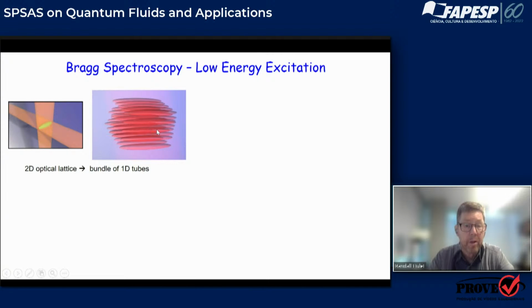Each of these tubes can be made isolated from the others. And so you can study one-dimensional physics that is an average over all of the fillings of each of these tubes. In our experiment, there is something like 1,000 tubes, and each tube has something like 60 atoms in it.